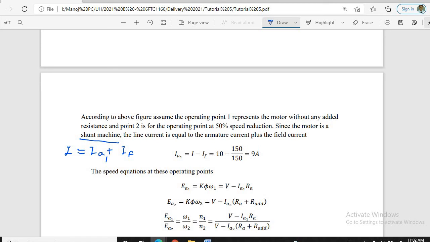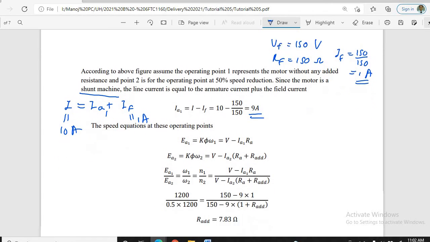Here we were given Vf equal 150 and Rf equal 150 ohms. So If is 150 divided by 150, which is equal to 1 ampere. Here this is given as 10 amps and this is 1 amp, so Ia1 is 9 amps. We have found that.